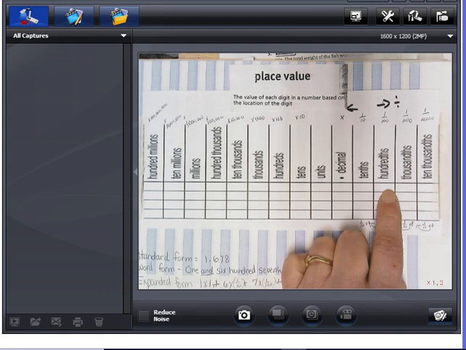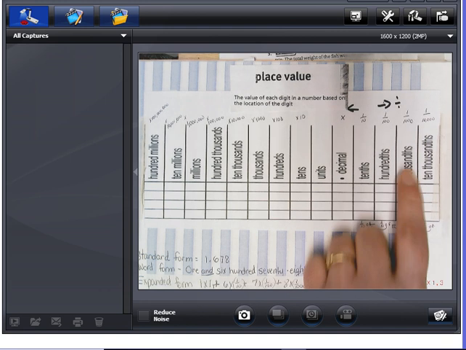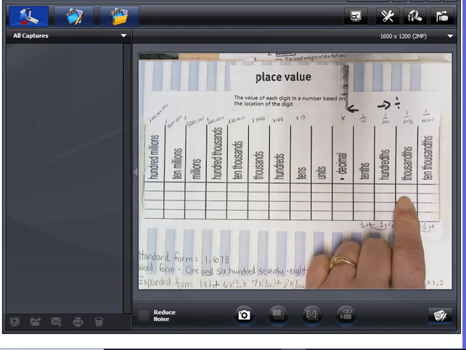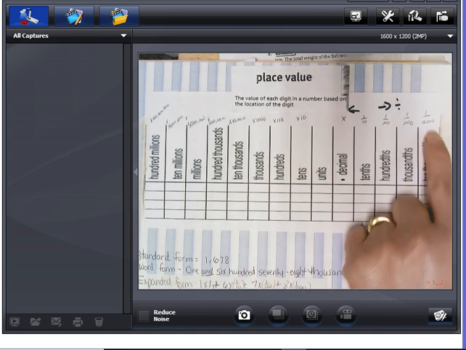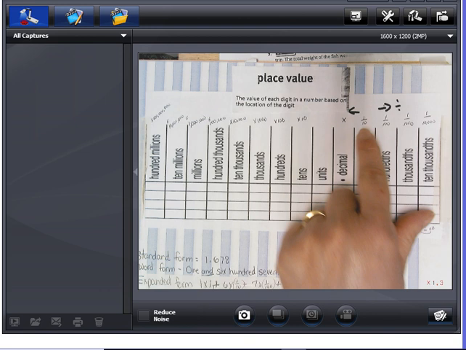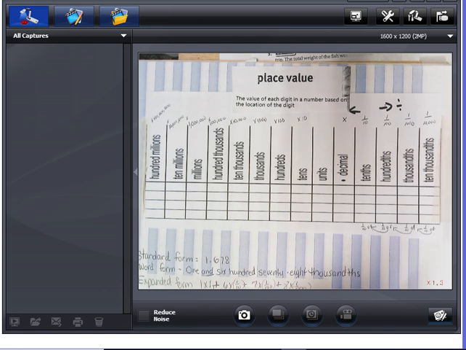Here, 100, I'm cutting a whole piece into 100 pieces and I'm only getting one of those. Thousands is getting a lot smaller. 10 thousandths. If you notice, it's 1/10th, 1/100th, 1/1000th, 1/10,000ths.